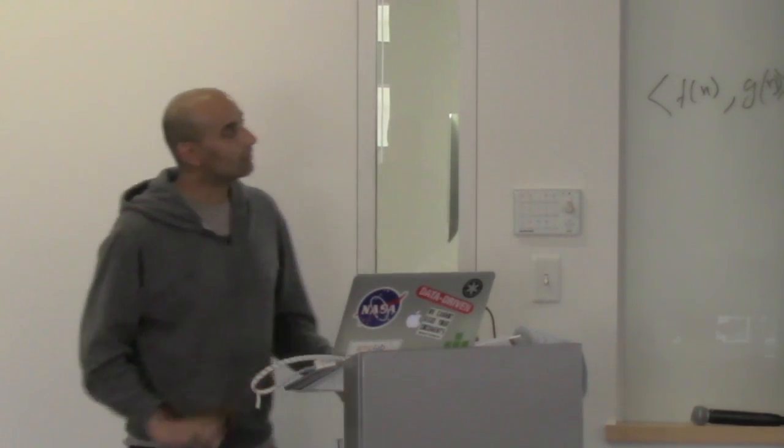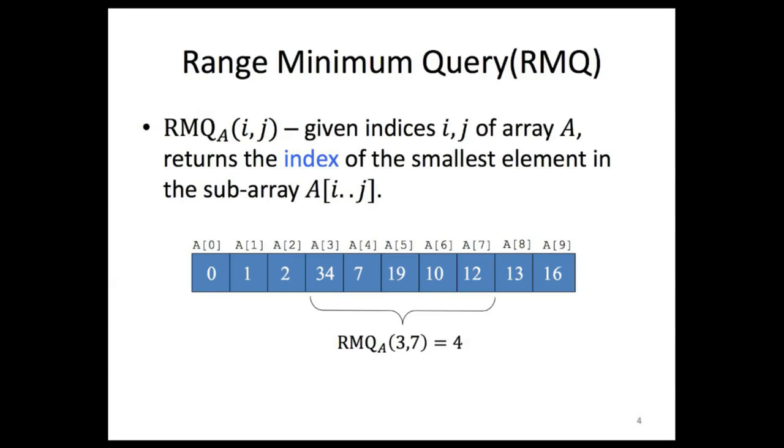Let's talk about a different problem first. The range minimum query problem is, and I'll get to why I'm talking about it, given an array like so, if I ask RMQ of i and j, then you pick two indices, two elements, and I want to find the minimum element between those two indices.